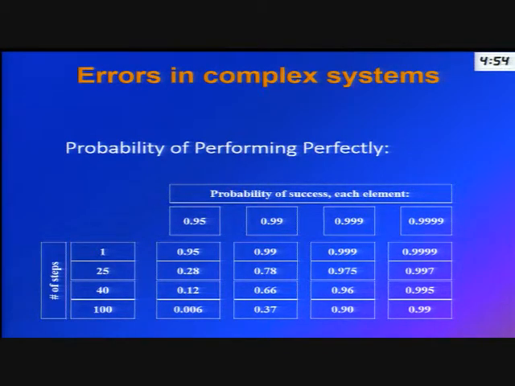And even if you go into the extreme right, even if you have a process which is reliable 9,999 times out of 10,000, with 100 steps in a process, you end up being reliable only 99% of the times.